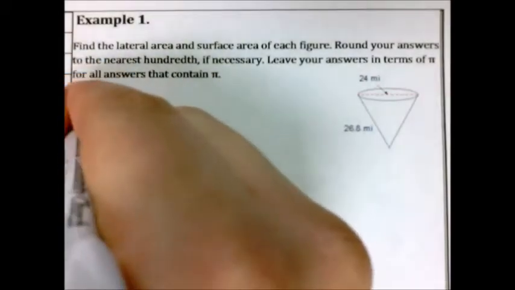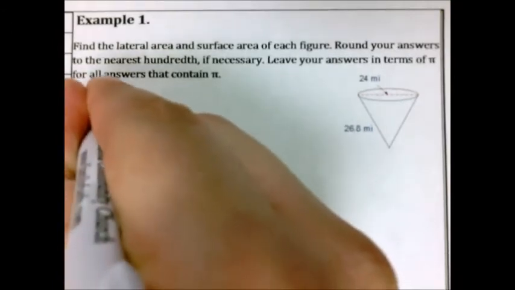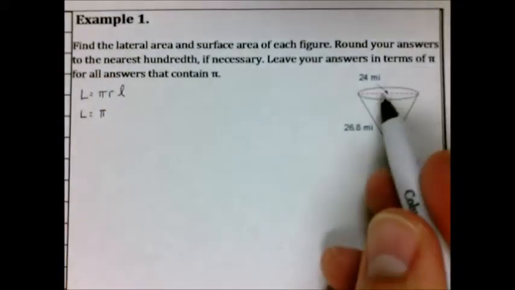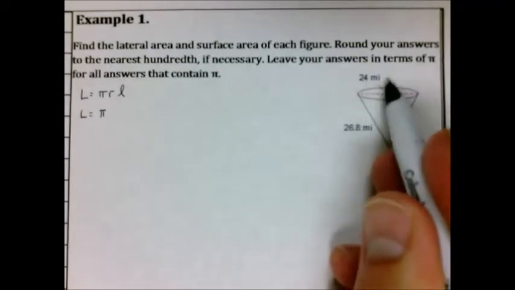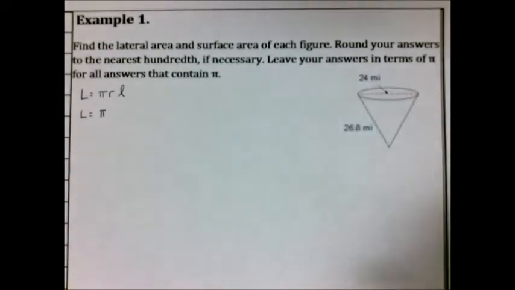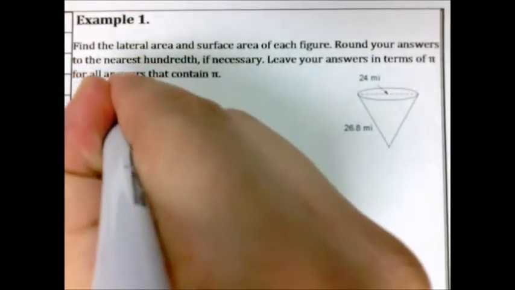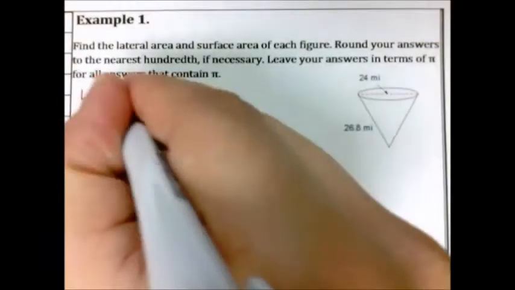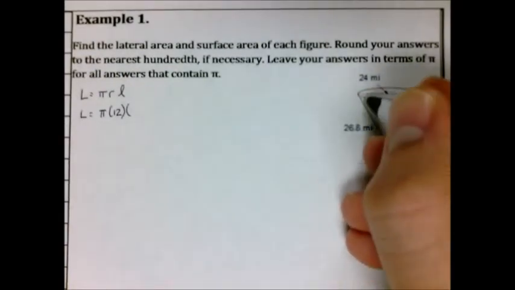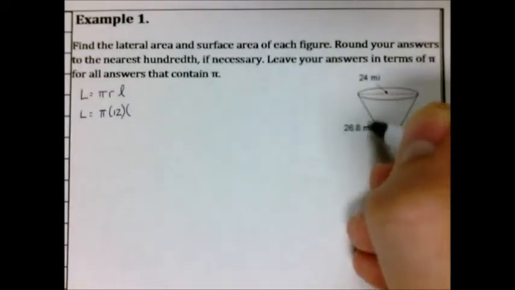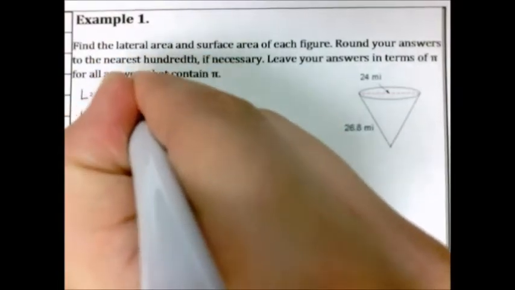This whole thing measures the diameter, 24 miles, so our radius is half of that, 12, times the slant height, which is the distance from the vertex to a point on the base. That's 26.8 miles.